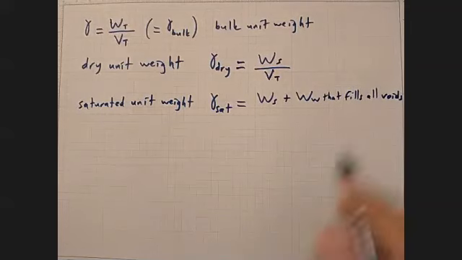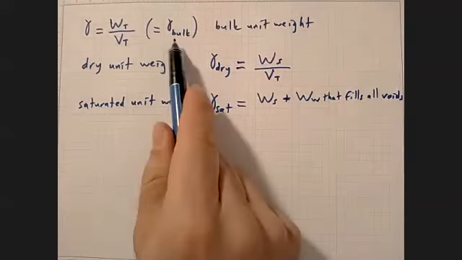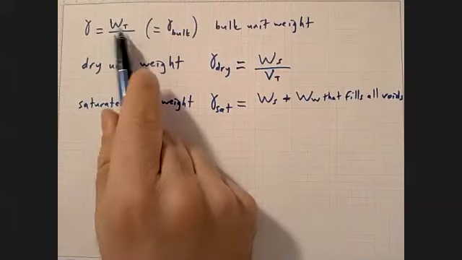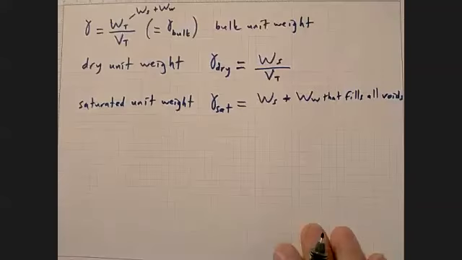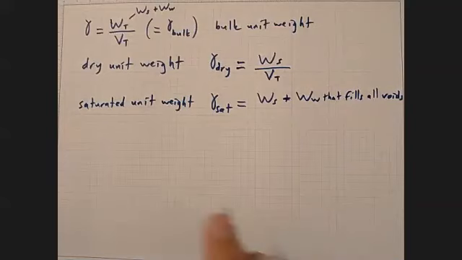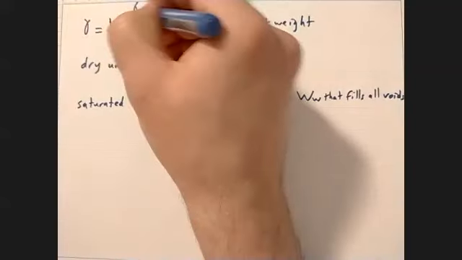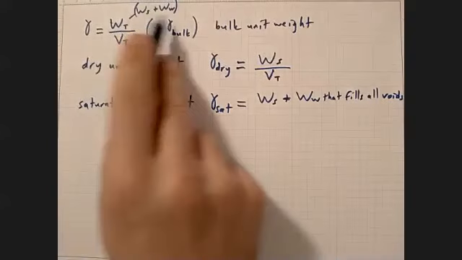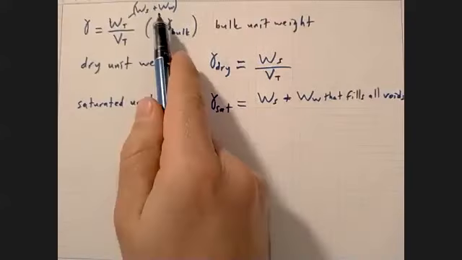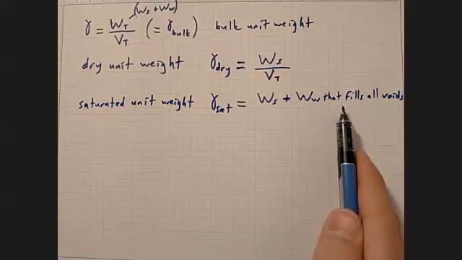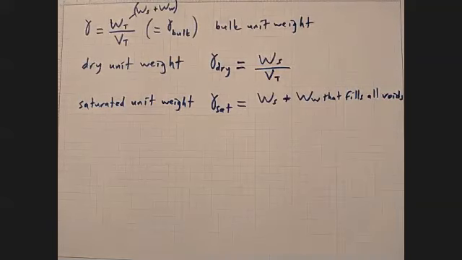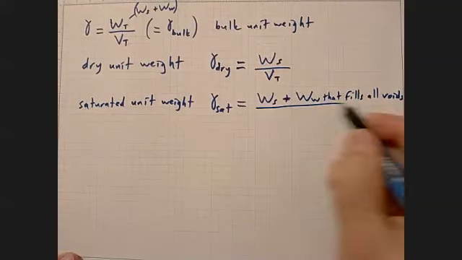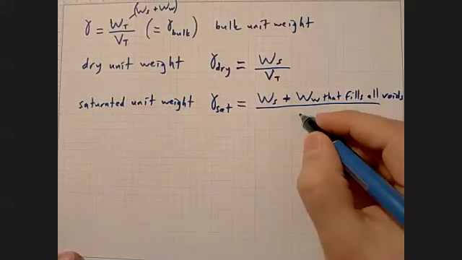Now I have to write it like that because the bulk unit weight, this volume total, is also weight of solids plus weight of water. Yeah, it is, but this volume of water is the actual amount of water in your soil. This is what if all the air space in your soil was also filled with water. So it's a bit different. And it will always be larger. So over total volume.